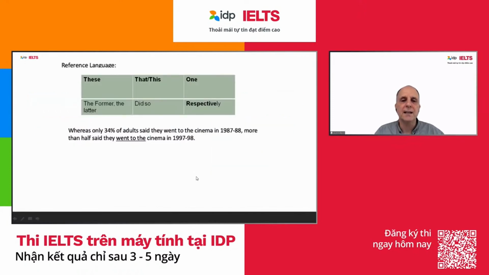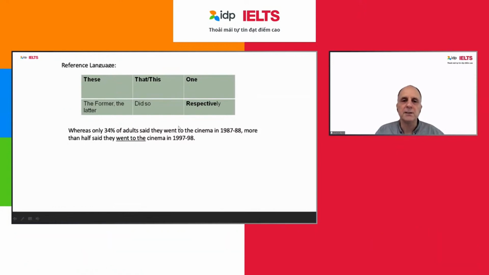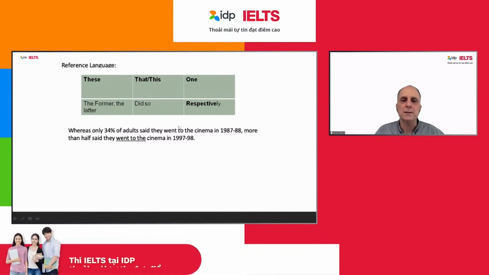Okay, and reference language as well. So we've got to think about these. These come up quite a lot. And instead of repetition, we can use reference language. So what do we have for the first one?